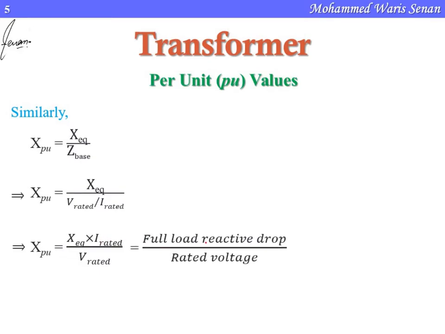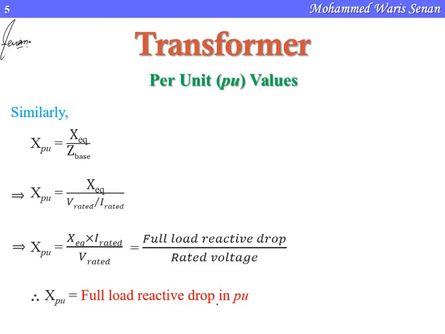So we can write full load reactive drop divided by rated voltage. Again, the reactive drop is voltage and we are dividing it by base value of the voltage or rated voltage. So it will be in per unit. So we can say X per unit will be equal to full load reactive drop in per unit.